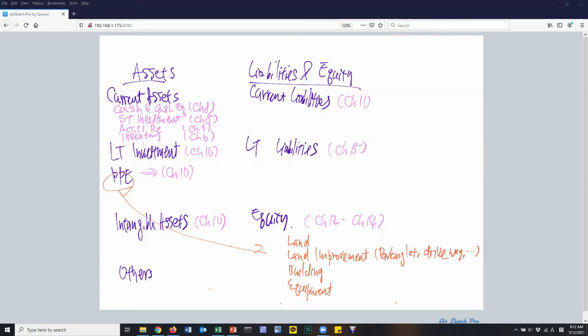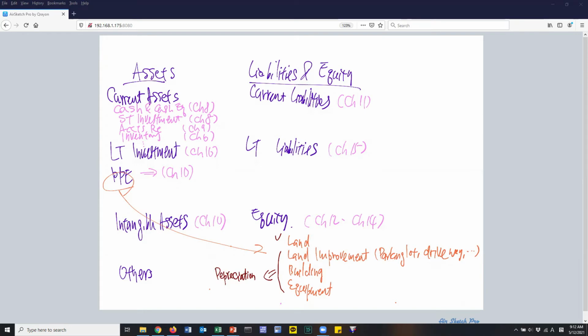Then what would be the biggest issue when it comes to PP&E? Can we distinguish these four into two different groups? Land and the others. What am I talking about? It is about depreciation. Does land depreciate?